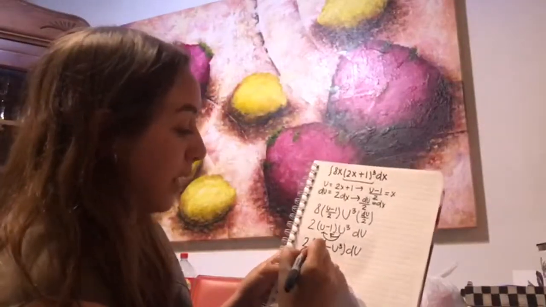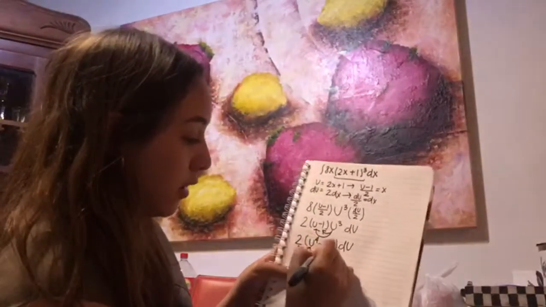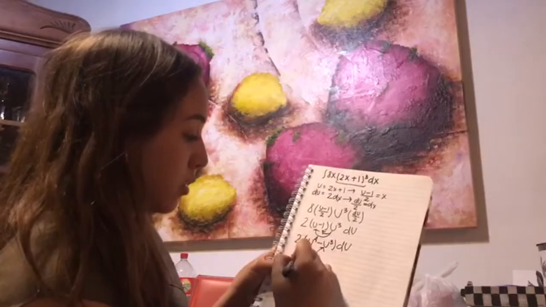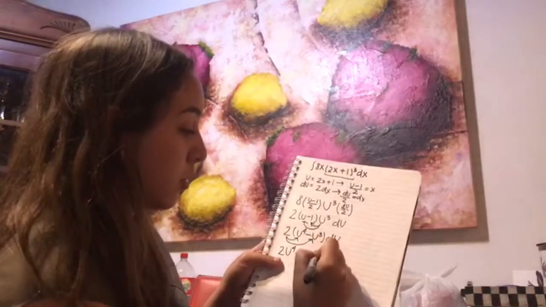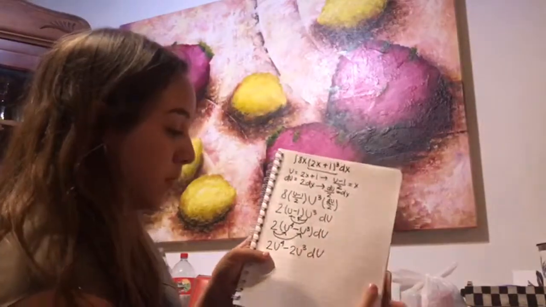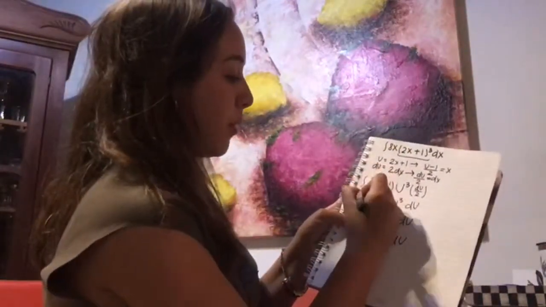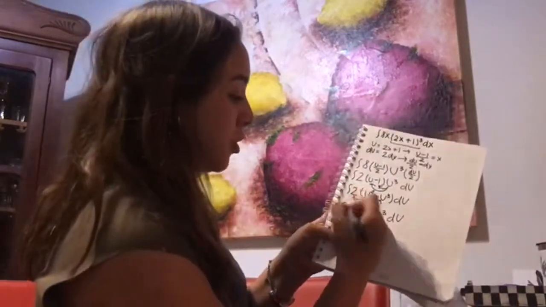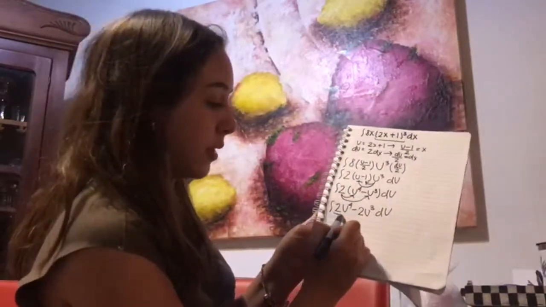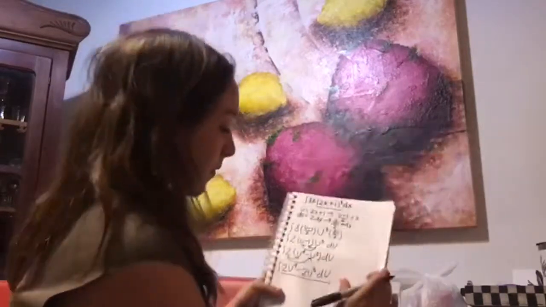And now we're gonna multiply these two here and in here. So it will be 2 u to the 4 minus 2 u to the 3 du. We're missing to put our integration sign because we're still not integrating the function until this moment. Now here it is ready.